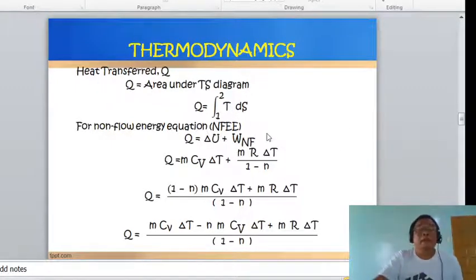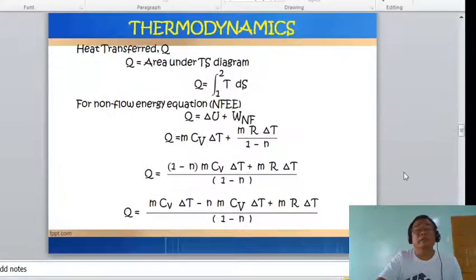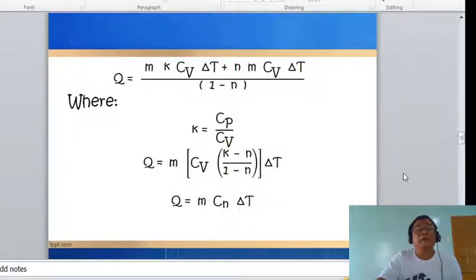Or by the first corollary of the first law for a closed system, Q equals delta U plus work non-flow. Substituting values, Q equals mCv delta T, and work non-flow is mR delta T over 1 minus n. Manipulating the equation, Q equals mCn delta T.